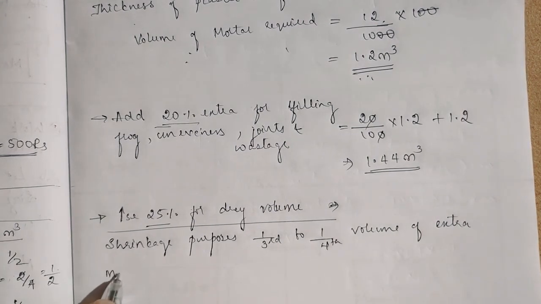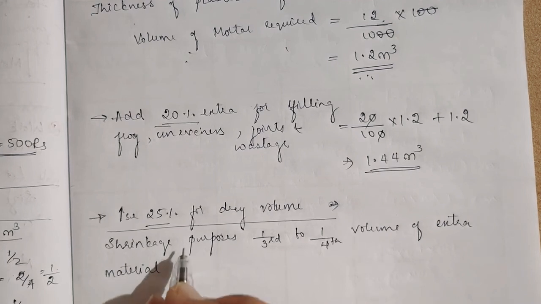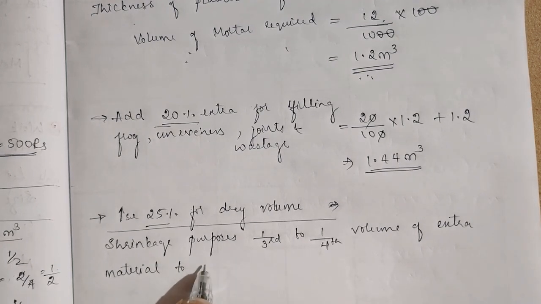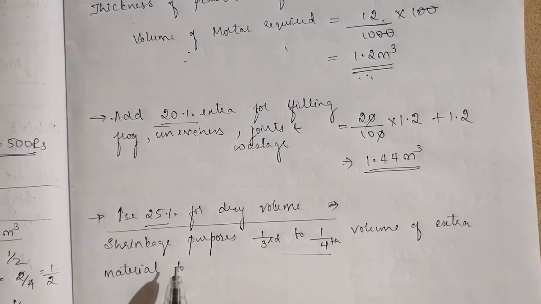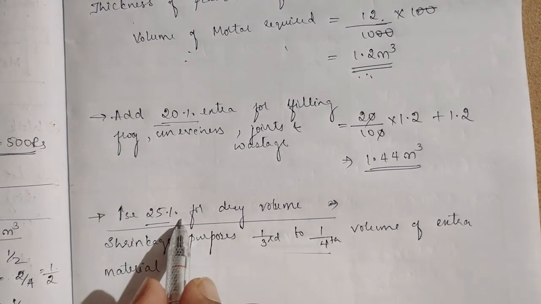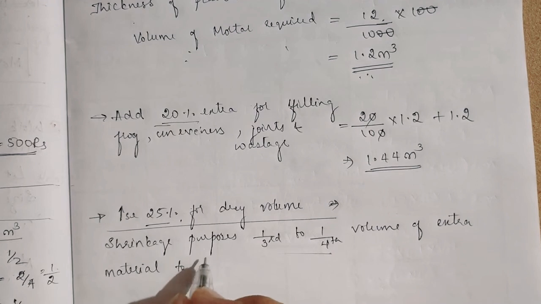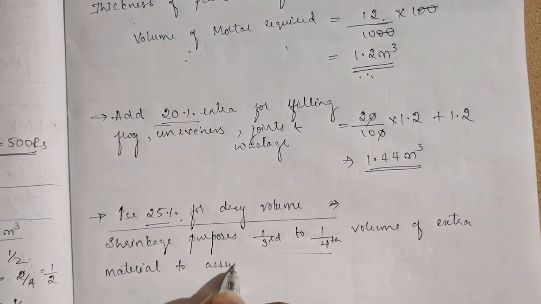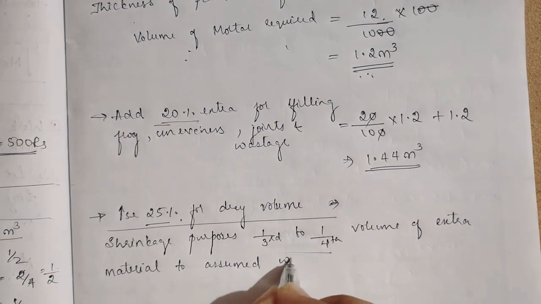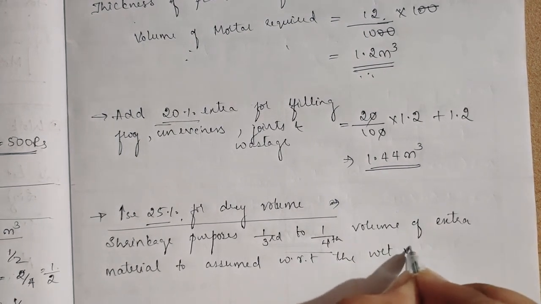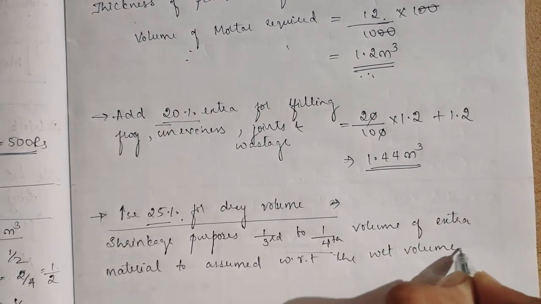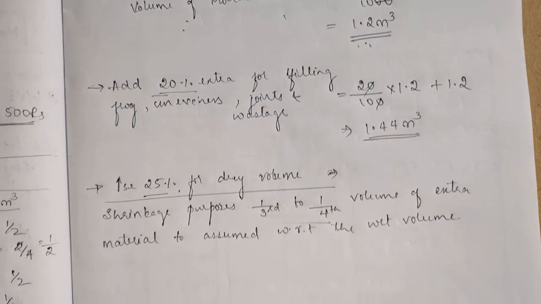Due to the property of shrinkage of the concrete which we mix, we have to take this 1/3 to 1/4 volume extra, or you can take 25% extra, to be assumed with respect to the wet volume. Every problem I am going through in detail for you.